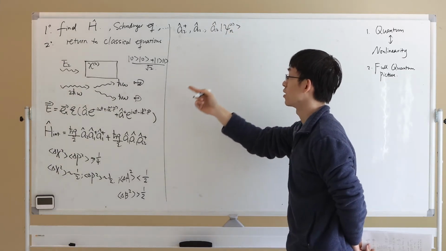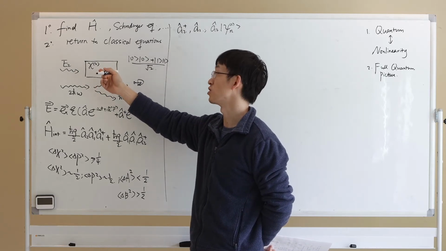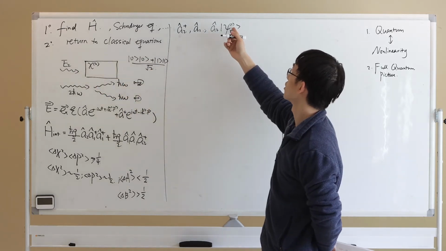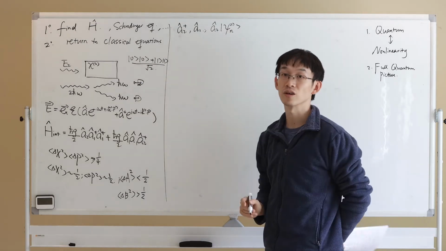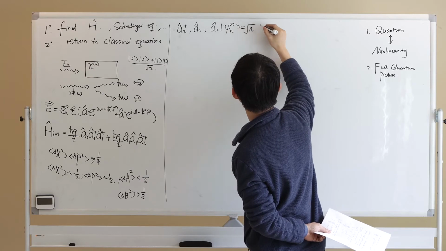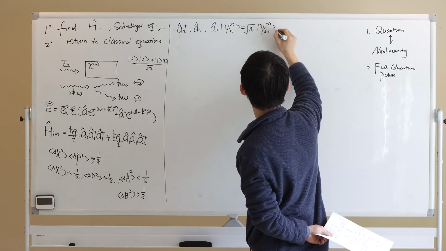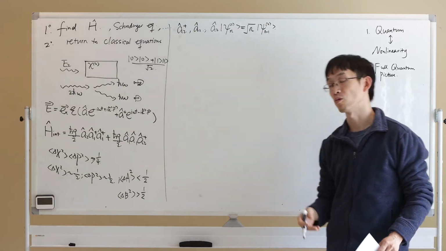The electrical field E2, the state corresponding to 2 omega frequency, labeled 2 here, has n photons, right? And then what you get is square root of n times the state with n minus 1 photons. So you reduce the photon number by 1.